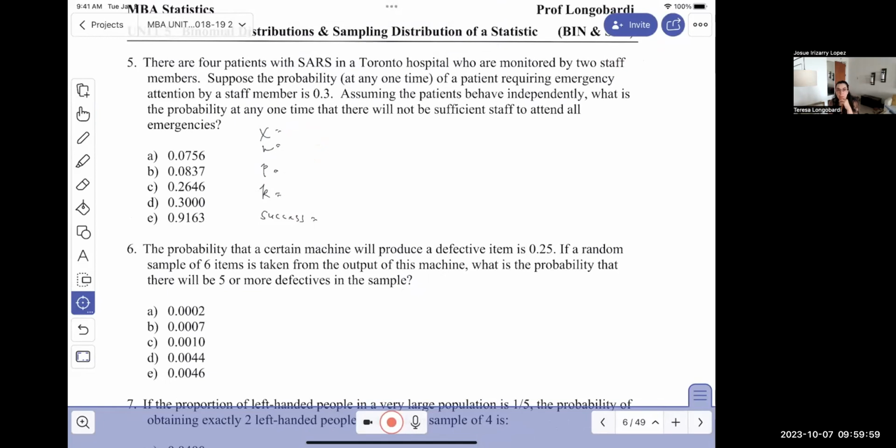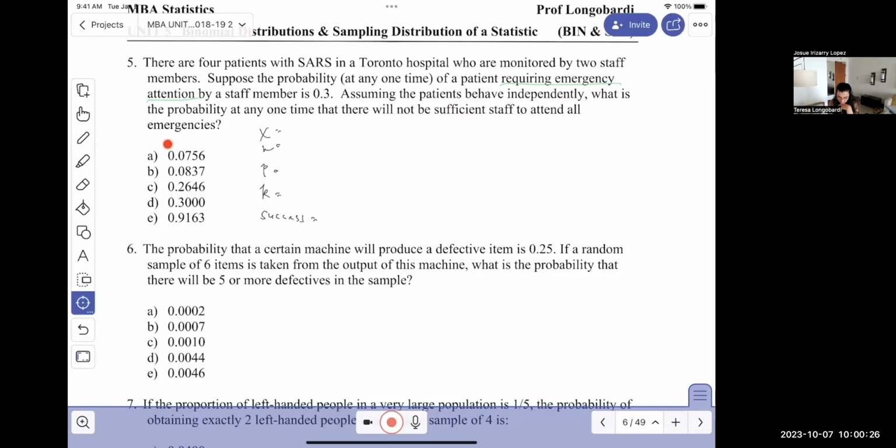So there are 4 patients with SARS. Suppose the probability at any one time of a patient requiring emergency attention by a staff is 30%. So they're giving you here the percentage about requiring emergency attention. And then at the bottom, they ask you to find what is the probability at any one time there's not sufficient staff to attend to all emergencies.